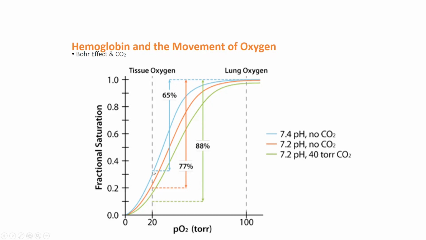So that shows you that as you move to the right, the affinity of hemoglobin for oxygen will be less, and hemoglobin will accommodate tissue with more stress by giving it more oxygen. Therefore, the hemoglobin will have less oxygen saturation because it gave away the oxygen that it was holding.